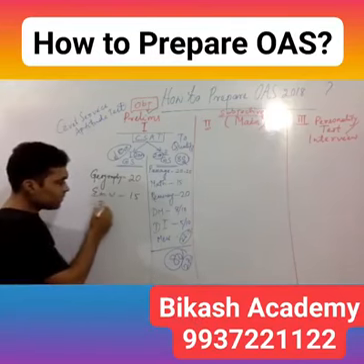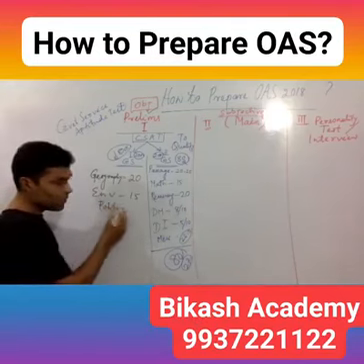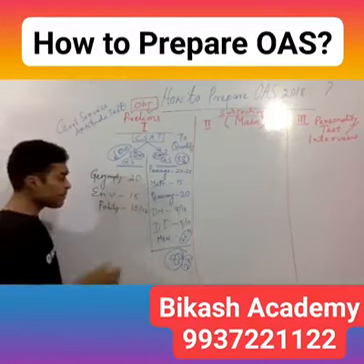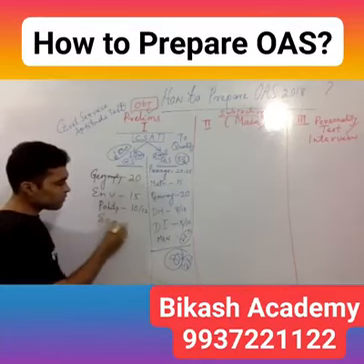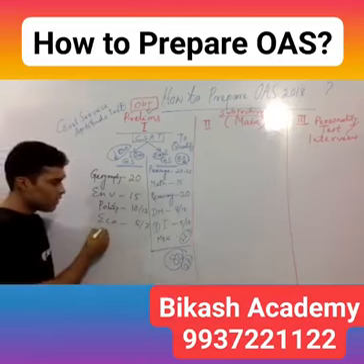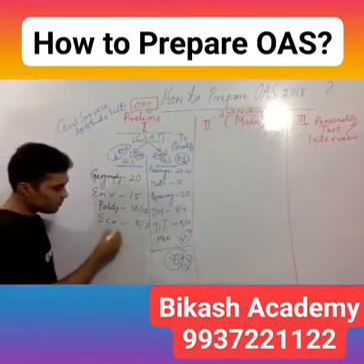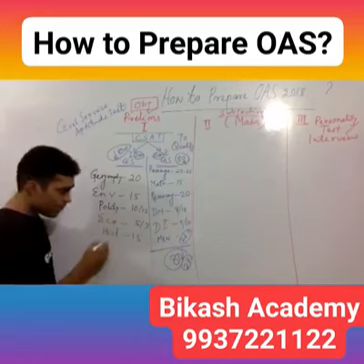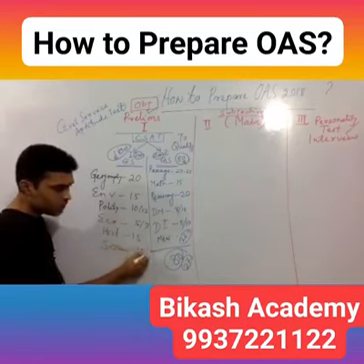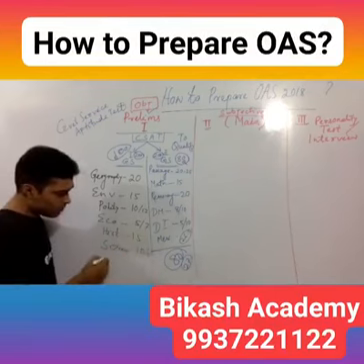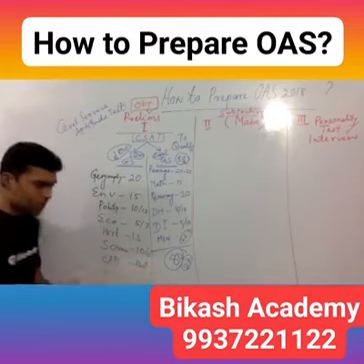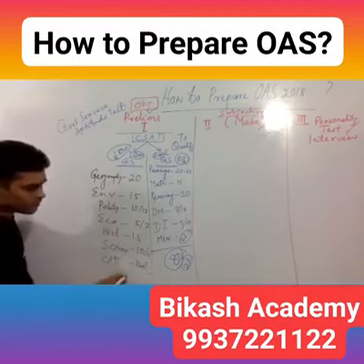Then suppose polity, 10 to 12 questions. These are the questions, please remember. Economics, 5 to 7 questions, let it be. History, 15 questions. Science, 10 to 15 questions. And current affairs, the rest. If you add this, the total number of questions is 100.